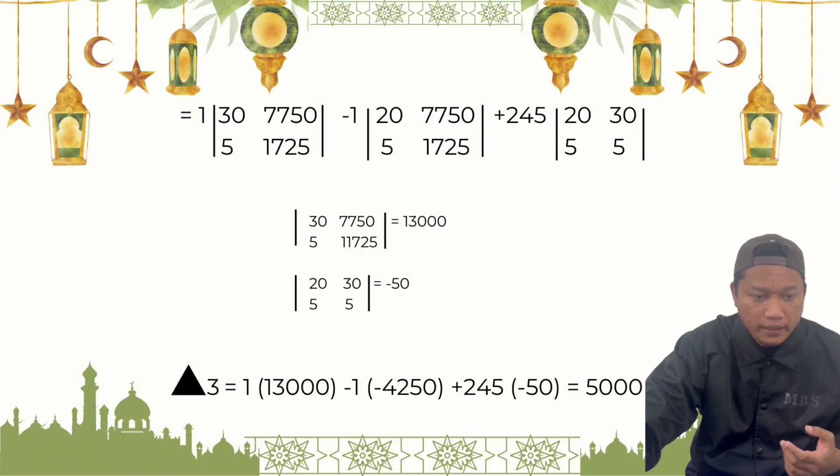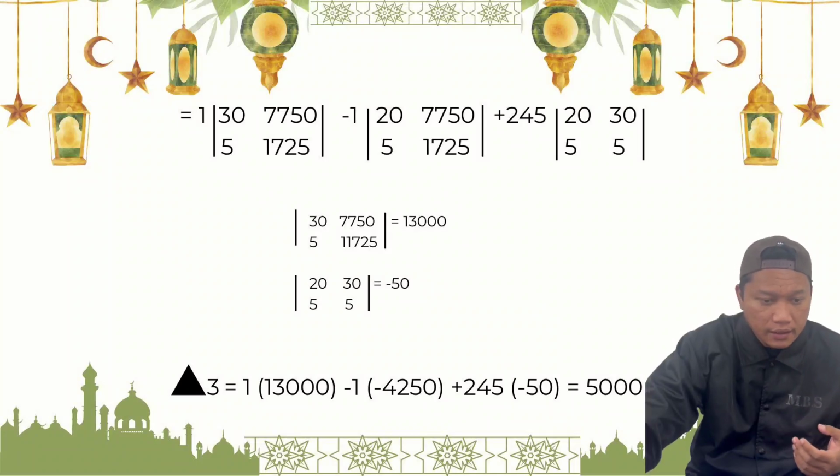Calculating the 2 by 2 determinants. First determinant [30, 7,750; 5, 1,725]. Multiply 30 by 1,725, then subtract the product of 7,750 by 5.